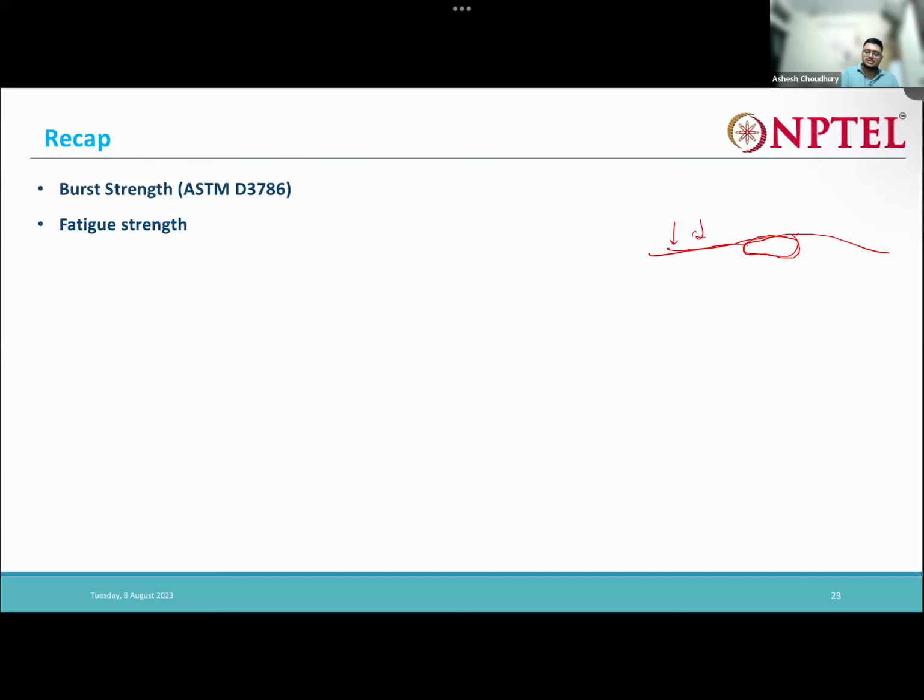Okay, and there is load from above, right? So what happens due to this load? There is a chance that whatever this rock or boulder is, will push and burst, or puncture, into this geotextile.